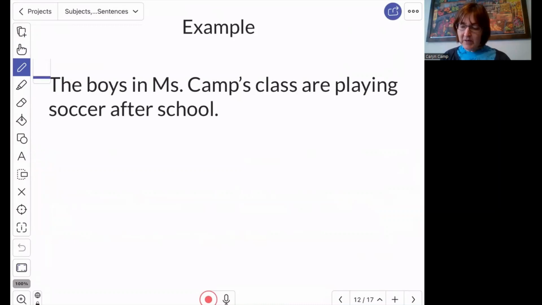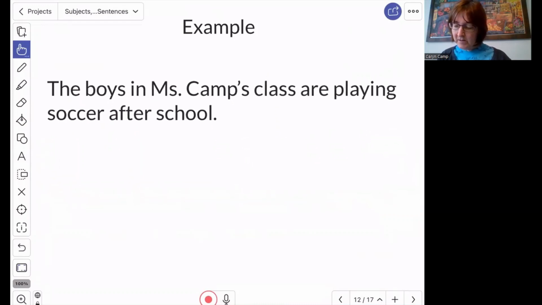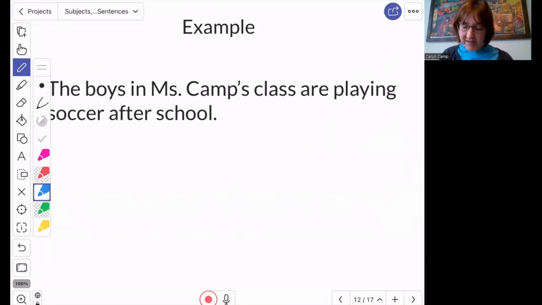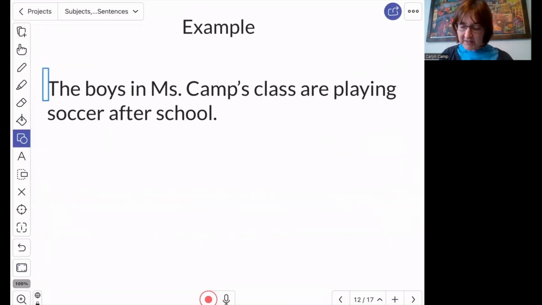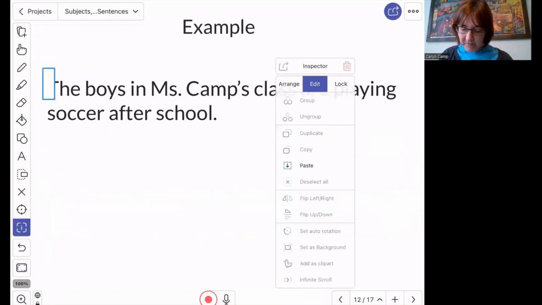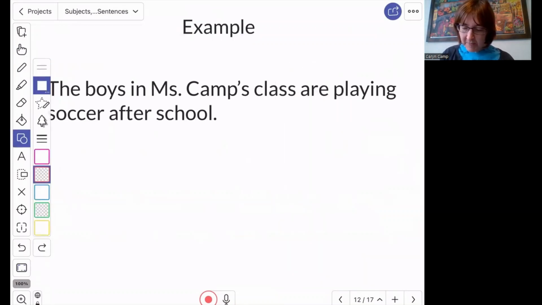So, for example, the boys in Miss Camp's class are playing soccer after school. So we can see that to make this into a complete subject, oops, not that one. Hang on, too many tools going on here. All right, subject.